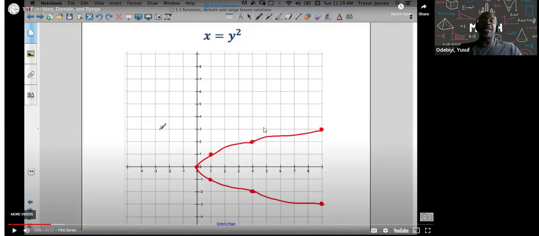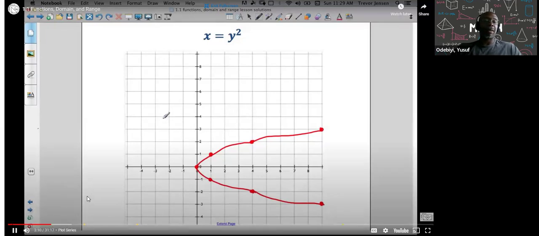It's a relationship, but it's not a function. The next thing that's going to happen is this thing called the vertical line test. If I put a vertical line all the way through this graph and I have two values of y, therefore it's not a function. So that's another way to figure it out.